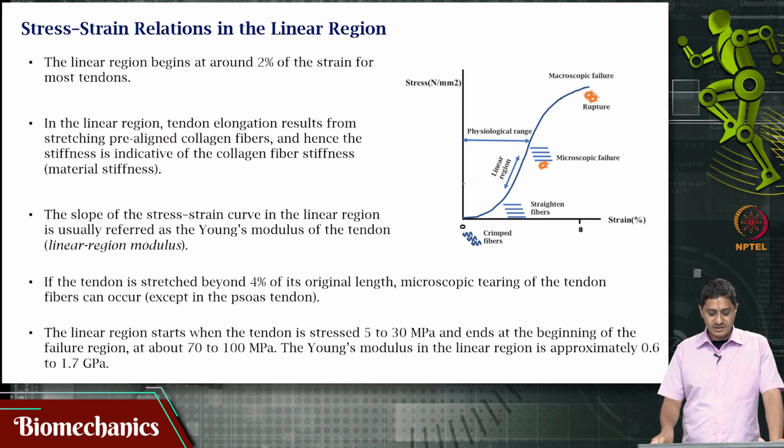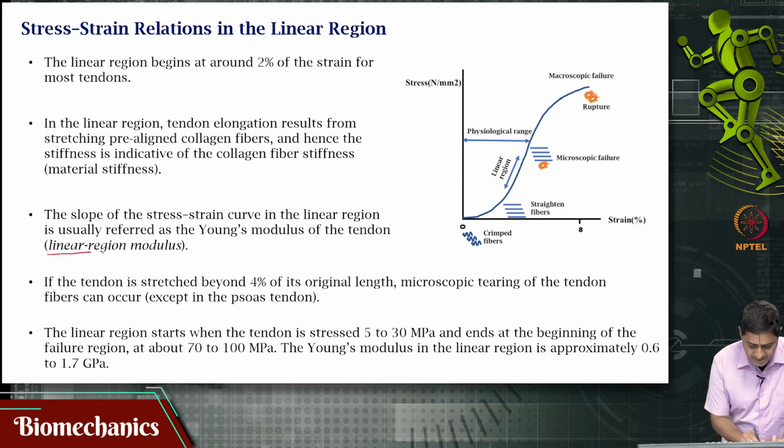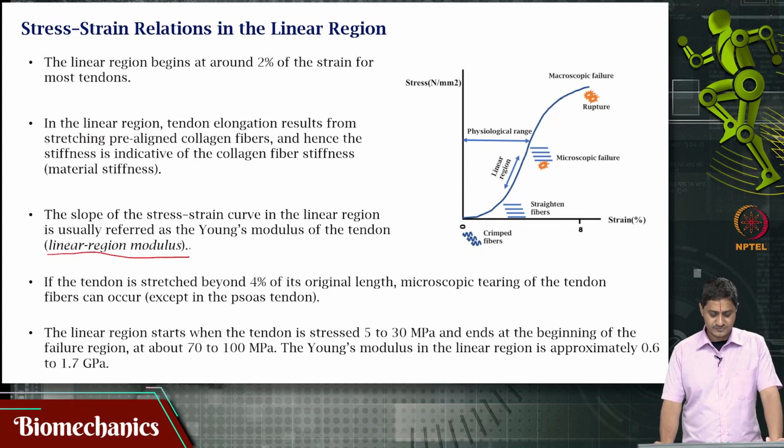Okay. If I measure the slope of the stress strain curve in this region, that is the Young's modulus of the tendon itself, but then that is the linearized Young's modulus in the linear region, or the so called linear region modulus. Okay.